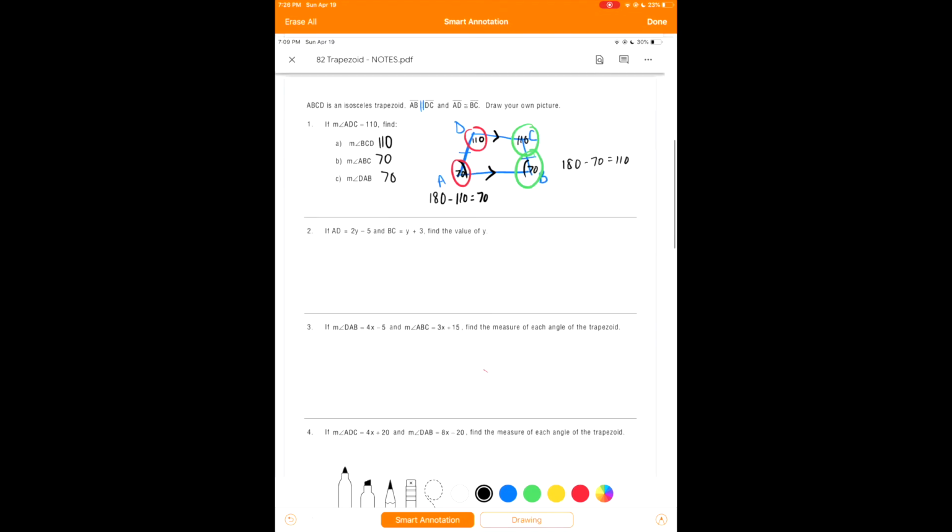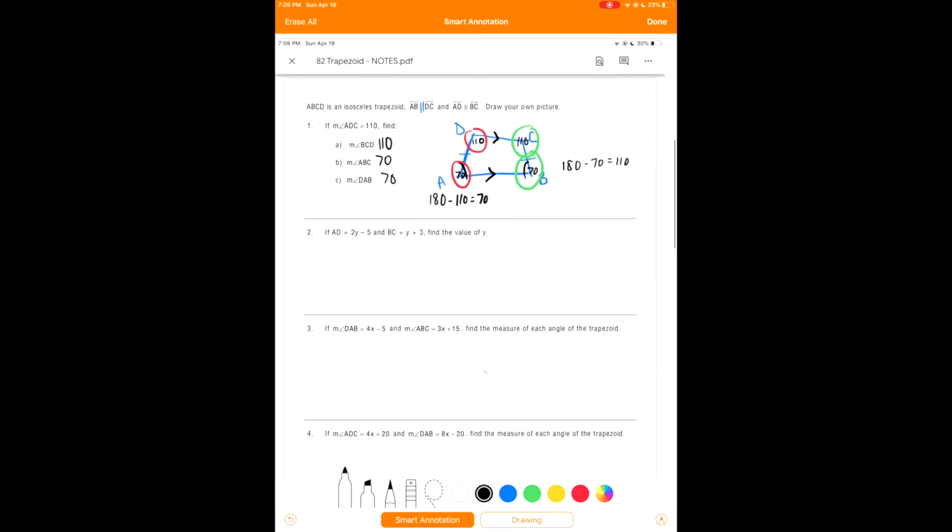And this is all the same shape, so I'm just going to redraw my shape for all of these.